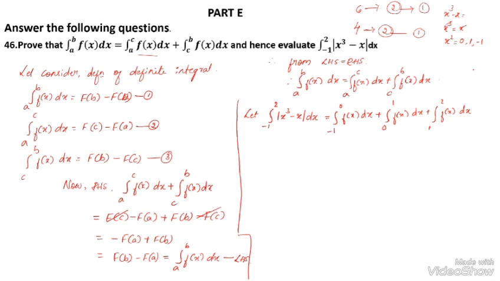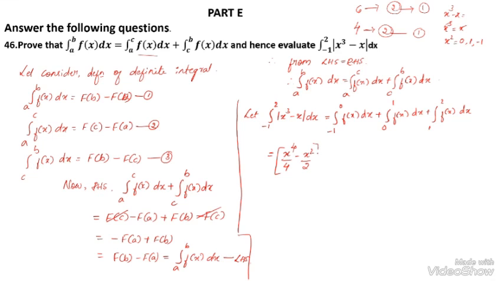Okay, what is the integration of x cube minus x? That is x to the power 4 divided by 4 minus x squared by 2. This is the integration of this one.